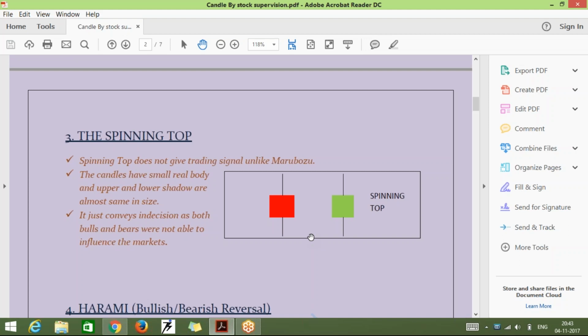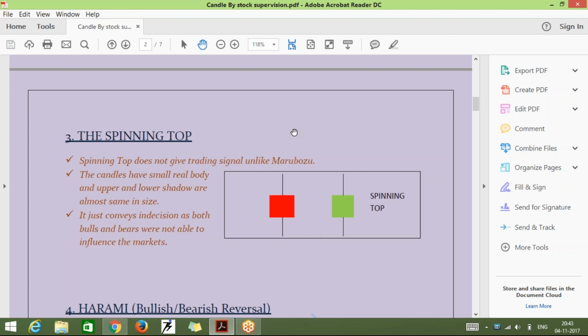So for the spinning top, what I will suggest is that it's again not tradable. It just confirms, it symbolizes what exactly is going on in the market.